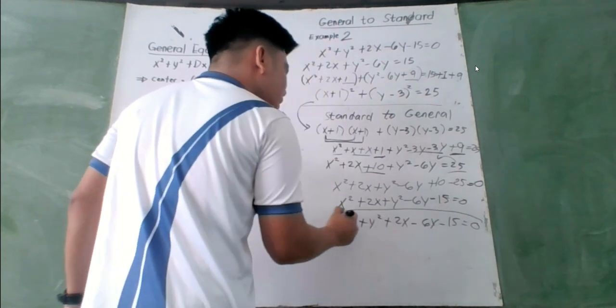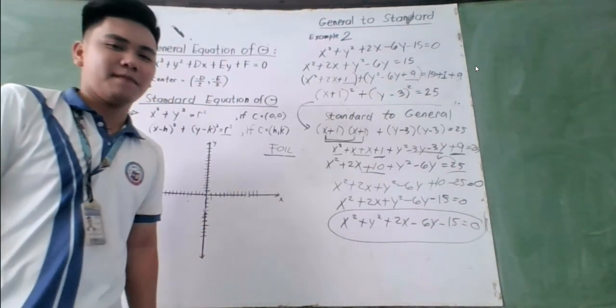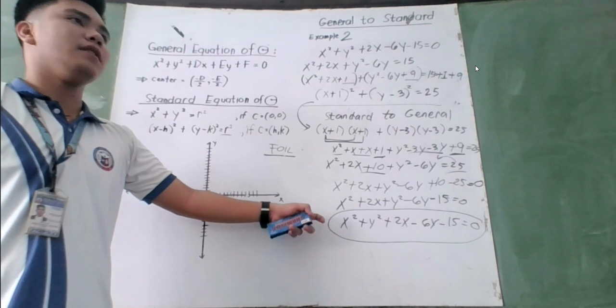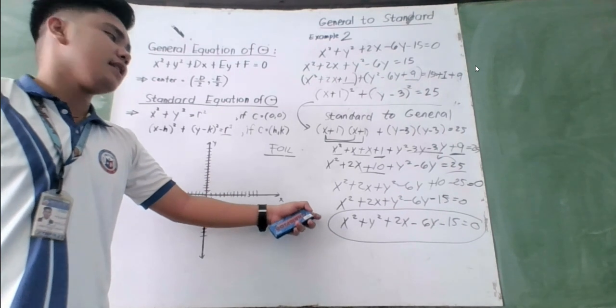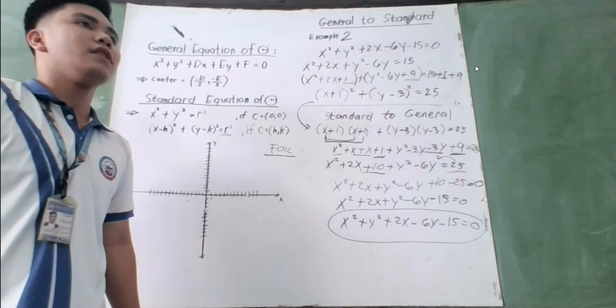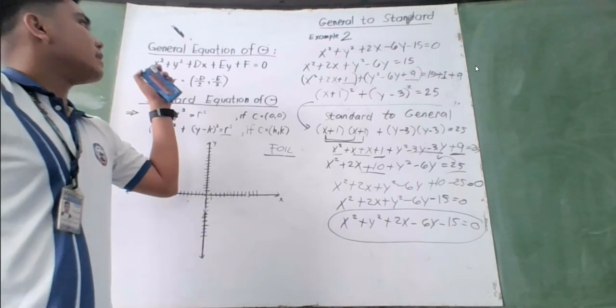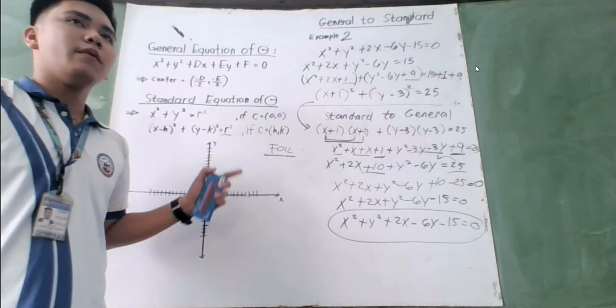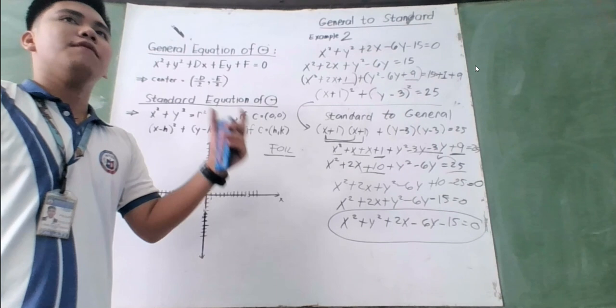And that's it, class. This is now the general equation of a circle. Again, standard equation and general equation can be done vice versa.